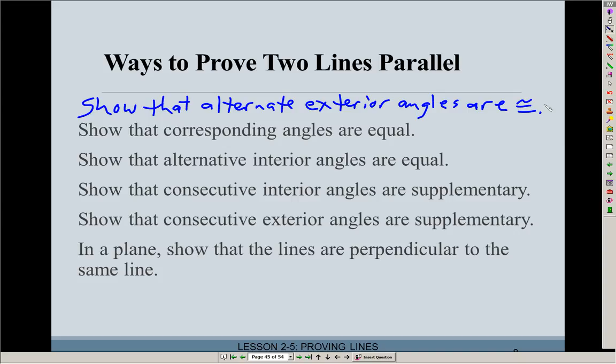So if alternate interior angles are congruent, alternate exterior angles are congruent, corresponding angles are congruent, then the lines are parallel. If the consecutive interiors are supplementary or consecutive exteriors are supplementary, then the lines are parallel. And if the lines are perpendicular to the same line, then they're parallel.